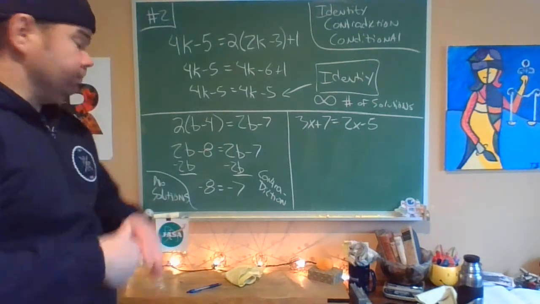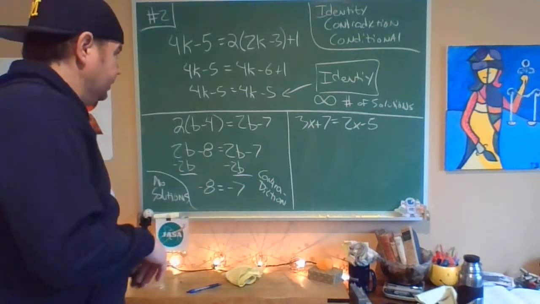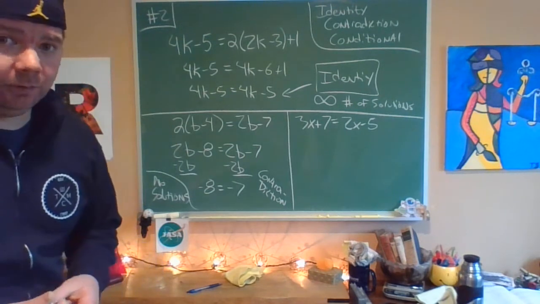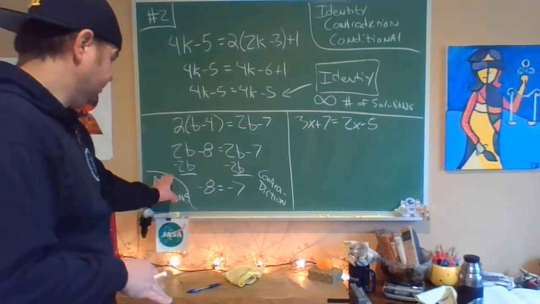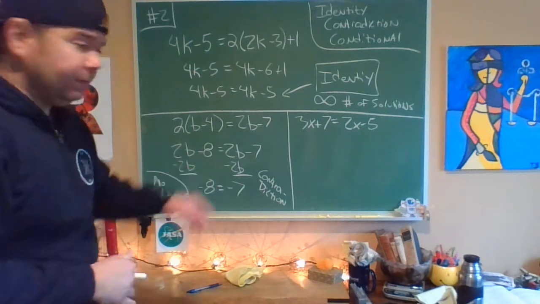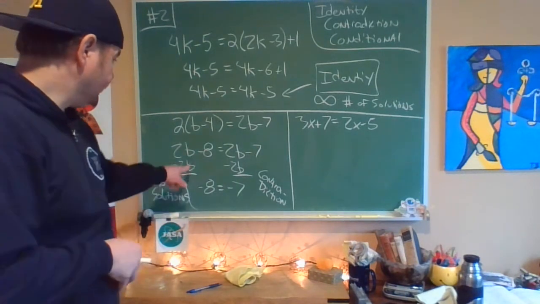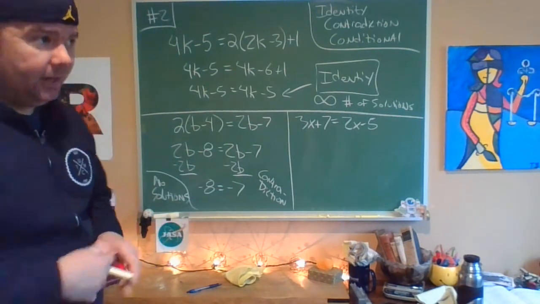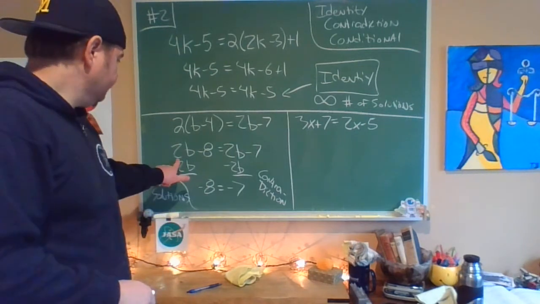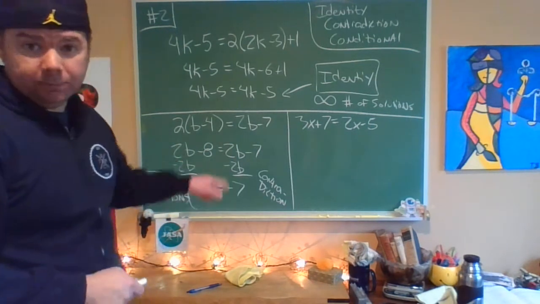Again, I'll say something about the geometry. I like to think about it not just in terms of the algebra, but in terms of the geometry. The geometric representation of 2b minus 8 is a line with a slope of 2 that has a y-intercept of negative 8.